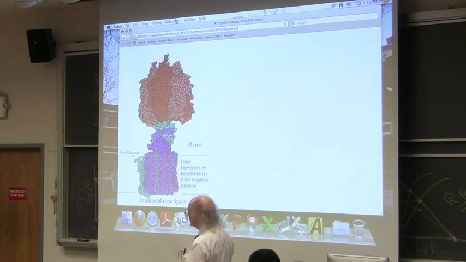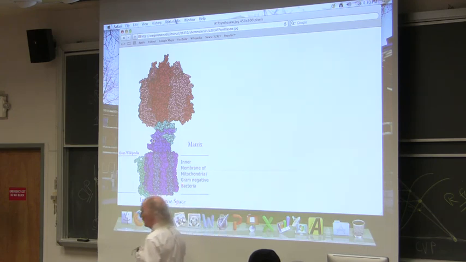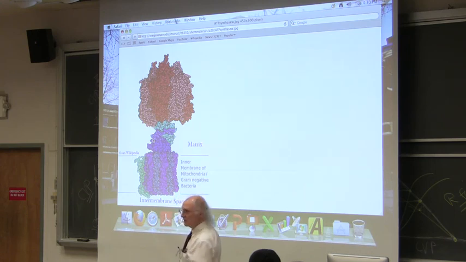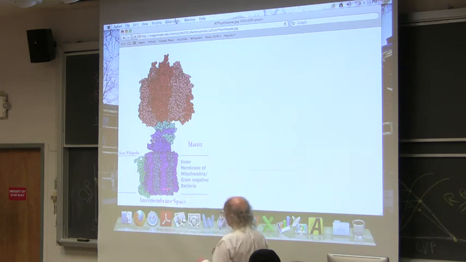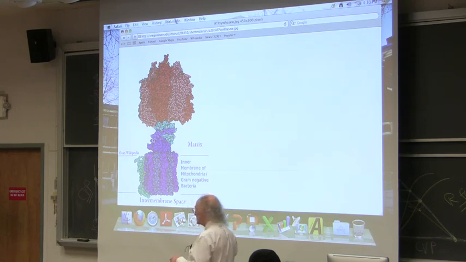Remember the proton concentration as a result of electron transport: there's more protons out here than there are in here, and the protons want to come in. They can't short circuit the membrane because the membrane won't let them. Instead, they have to come in through these channels. And when they come in through these channels, something really remarkable happens.